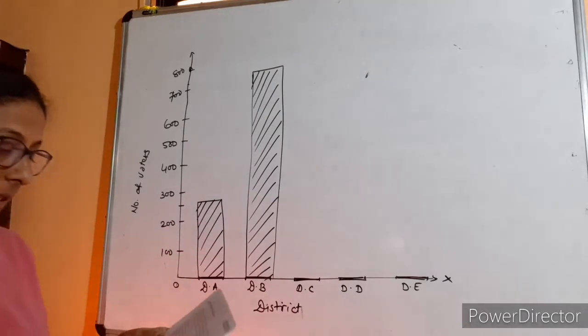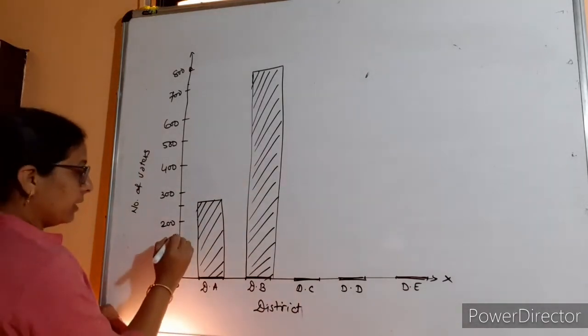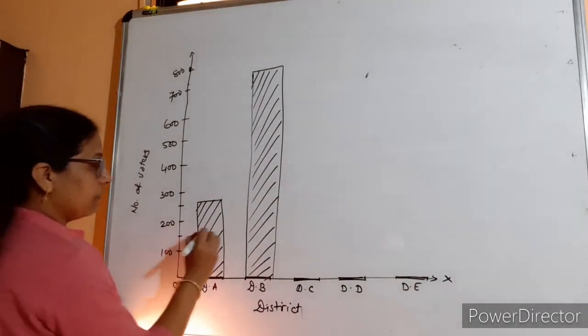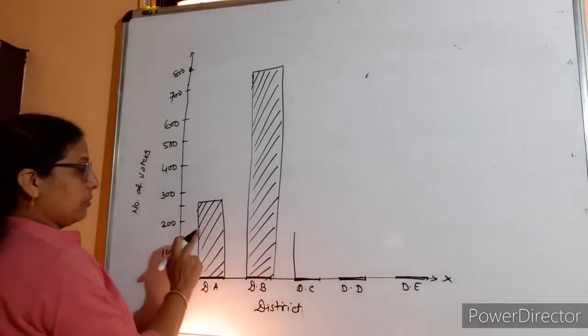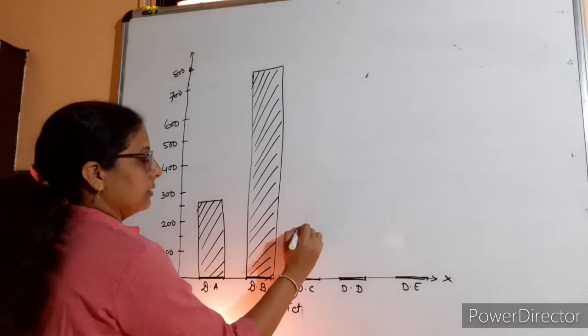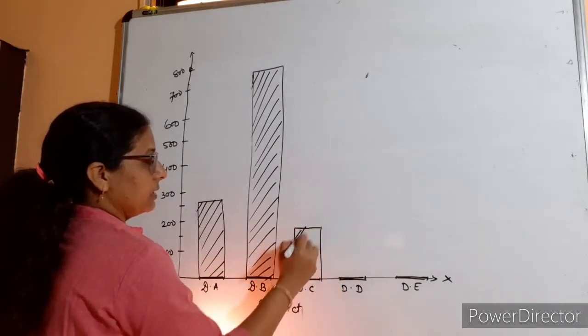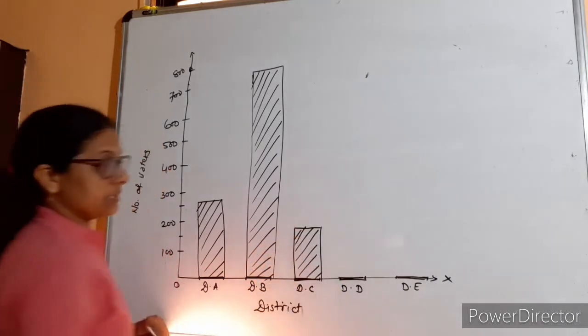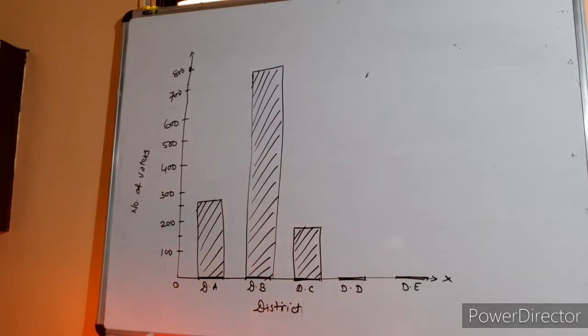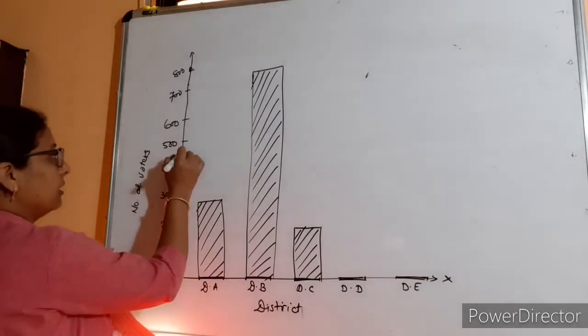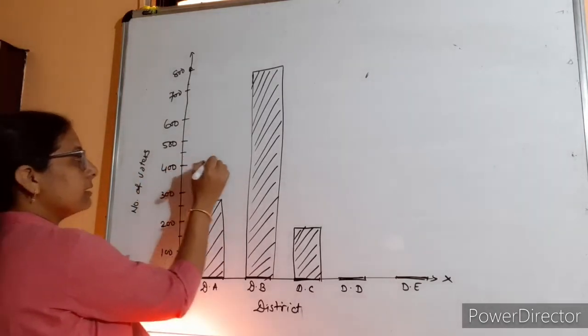Then district C is, above this is 100, it is 150, and above the 150 it is like this. This is 150, above that. This is the bar for district C. The number of voters are 150, more than 150. That is 180 or something. Right? Then district D, it is 425. So it is 400 and 450 below that.